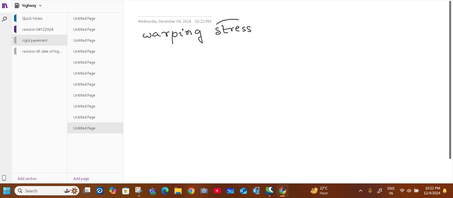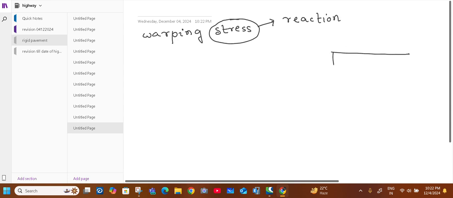So let us come to the warping stress. Before coming to the warping stress, let us discuss stress. It is the reaction. Suppose this is the road, this is the subgrade.